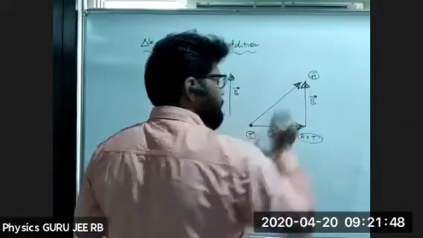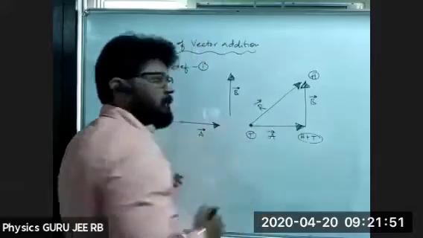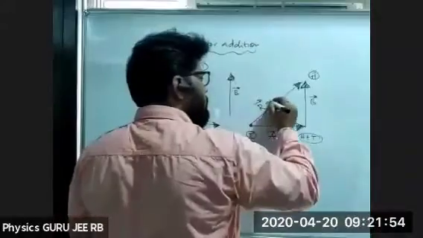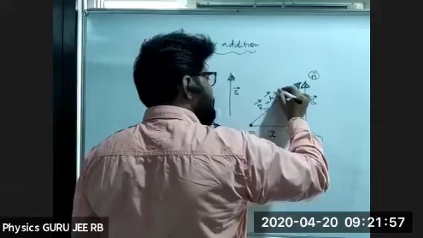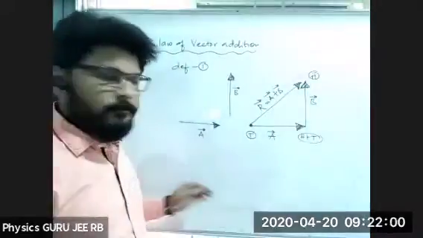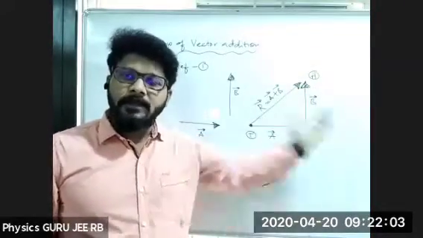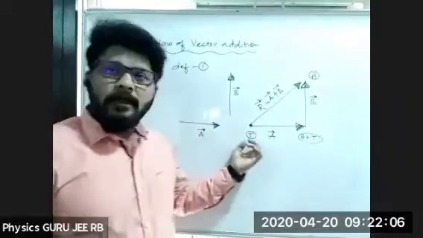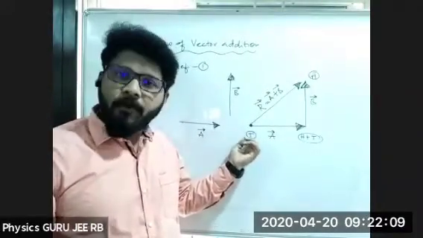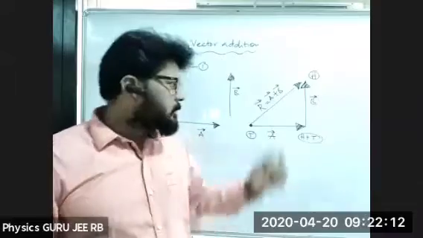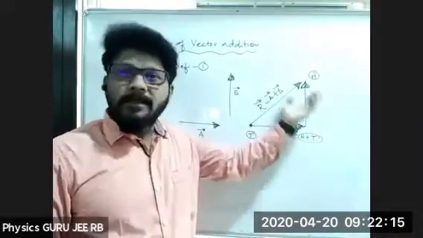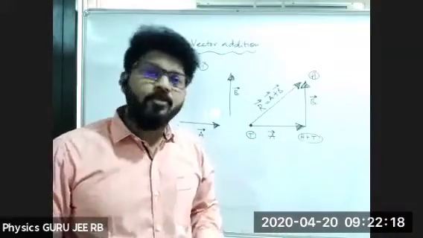This is the resultant. So the resultant vector is A plus B, drawn from tail to head, and A plus B is the vector sum of the two vectors.